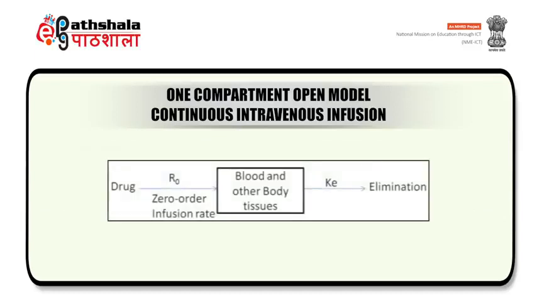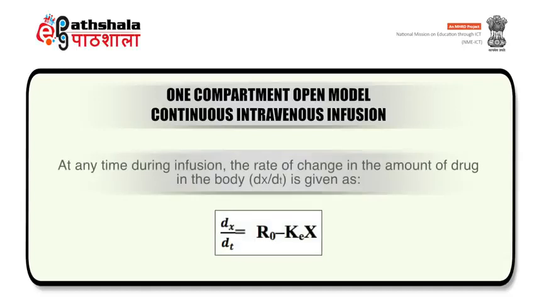The model can be depicted as drug given by an IV infusion being taken in by a zero order constant, which ultimately gets distributed to blood and other body tissues and undergoes elimination by a rate constant Ke. At any time during infusion, the rate of change in the amount of drug, that is dx by dt, is given as the difference of input and output.